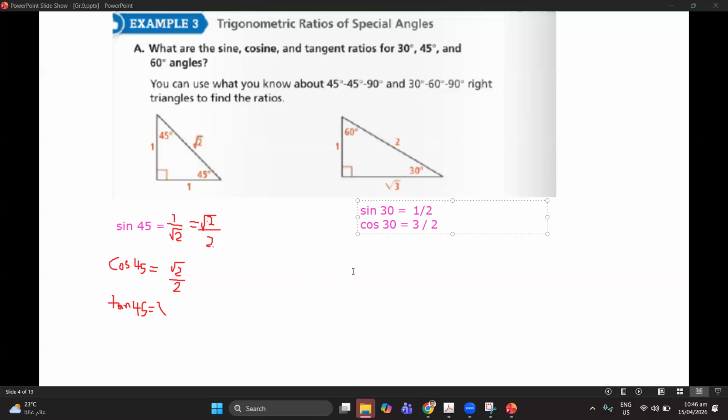Thank you. Right, now the last one. What about tan of 30? 1 over square root of 3, which is equal to square root of 3 over 3.